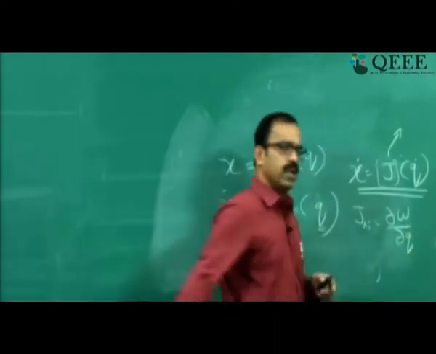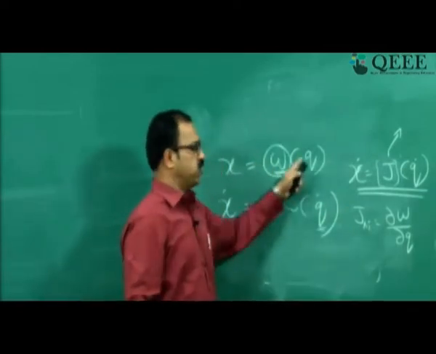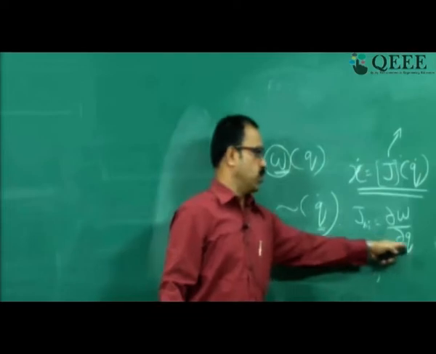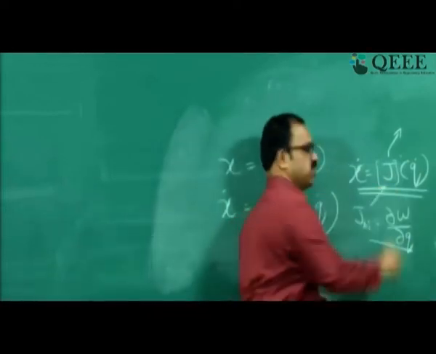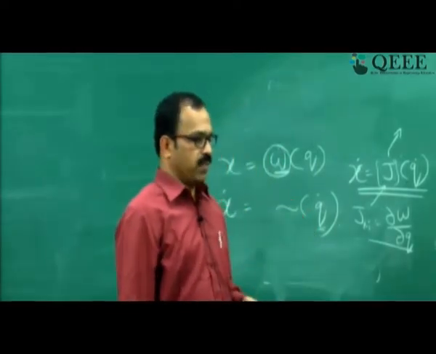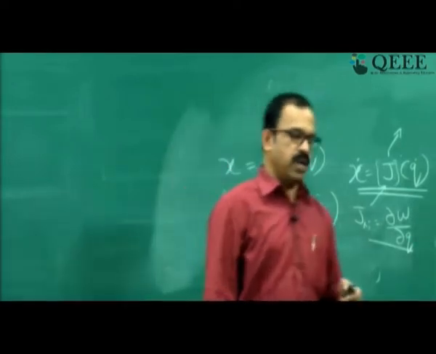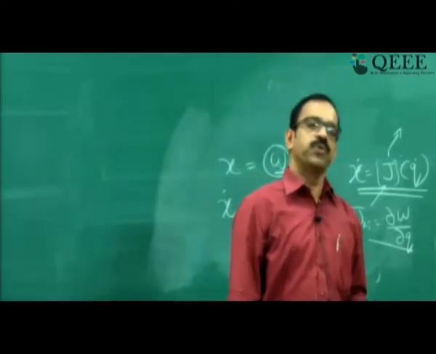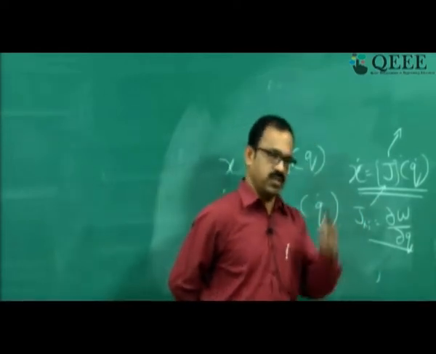That is, you take the partial derivative of the forward relationship with respect to the joint angle, and you will get the elements of J, which is known as the Jacobian of the manipulator or the Jacobian matrix. So J is the partial derivative of w with respect to q, where k is 1 to 6 in this case, because there are 6 elements.